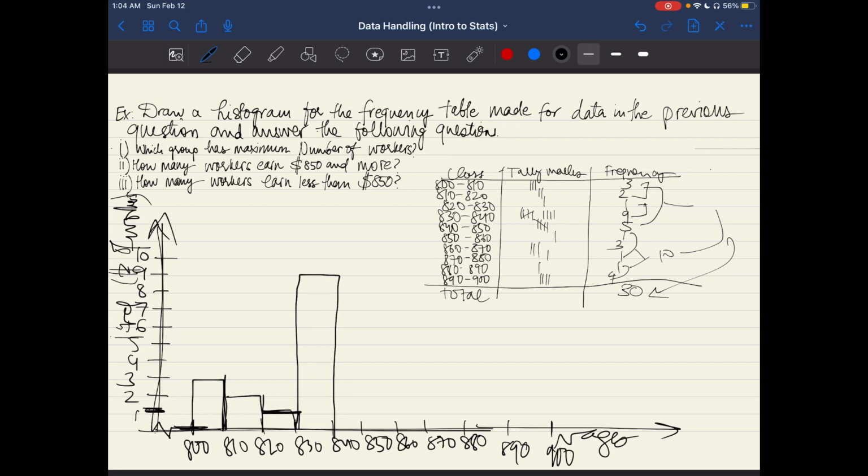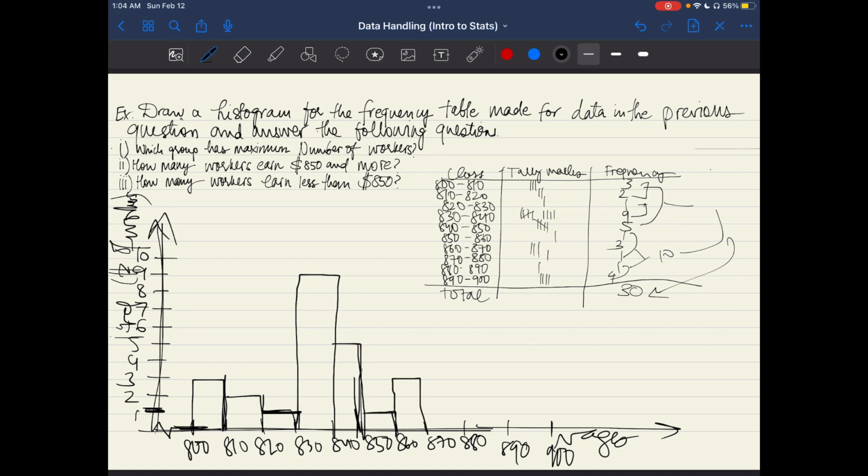Then 840 to 50, we have 5. Then 850 to 860, we just have 1. Then 60 to 70, we have 3.